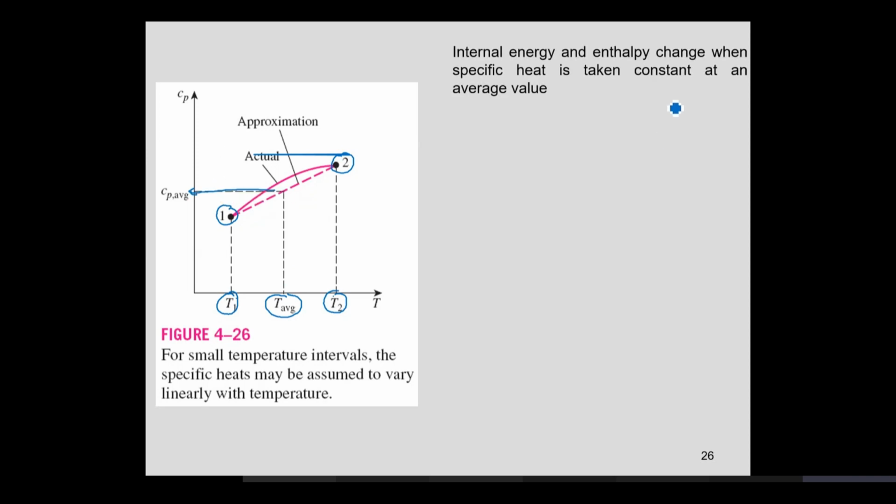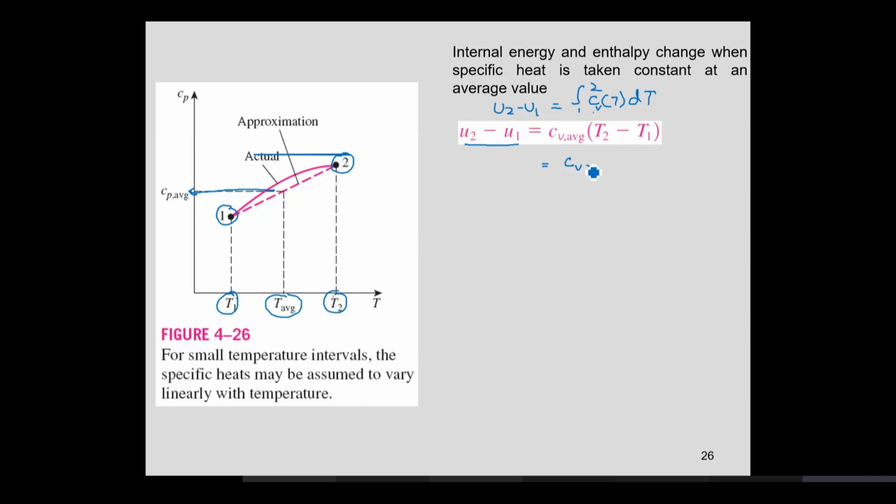So for internal energy, U2 minus U1 is basically the integral from 1 to 2 of Cv, which is a function of temperature, with respect to dT. If I take the average value, I'll say that average value is constant.